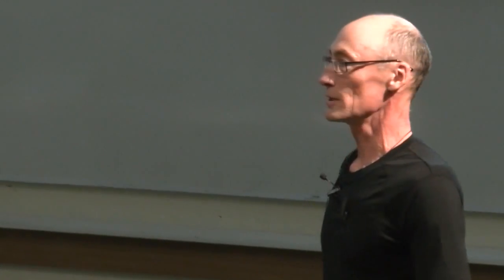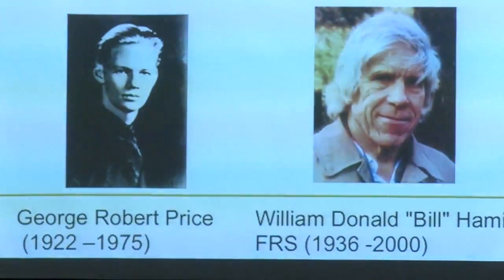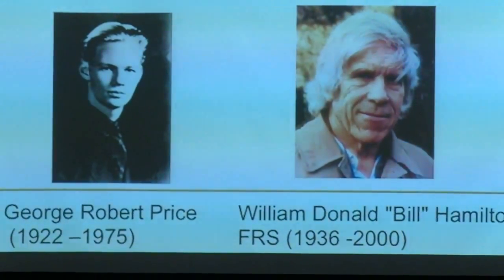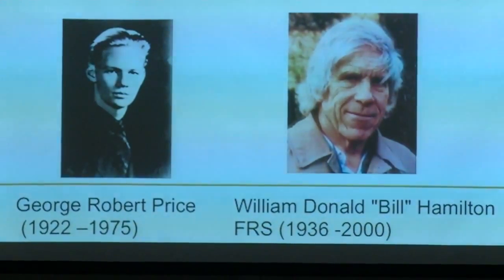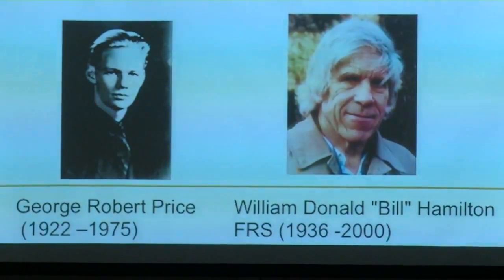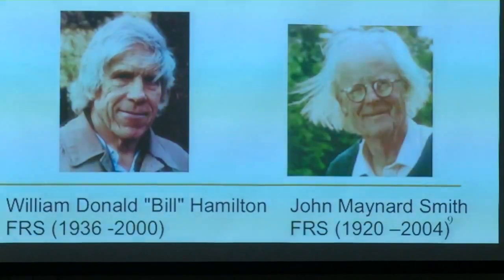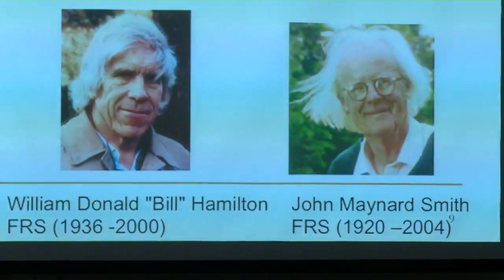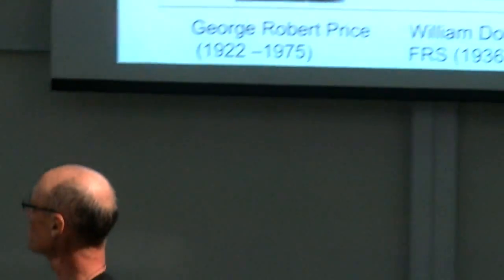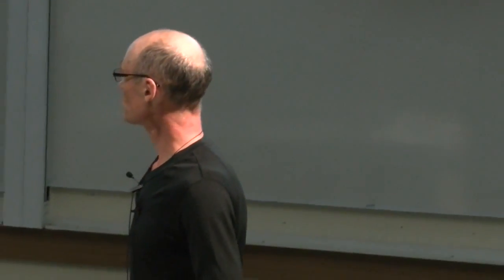Bill Hamilton was perhaps known to you fairly well, almost a New Zealander. Both his parents were New Zealanders, but I think he was born in Cairo. And John Maynard Smith, who is regarded as the father of what's known as evolutionary game theory, trying to explain animal behaviour and various other phenomena in biology.